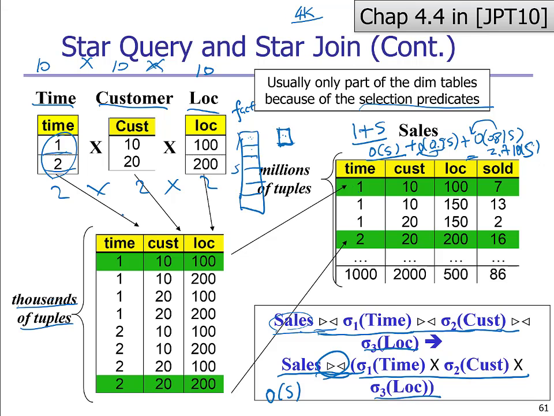So that is the idea, and that is why we want to apply this kind of star join. We want to do the cross join beforehand, right? It's all about reducing the join operation between the fact table and another table.